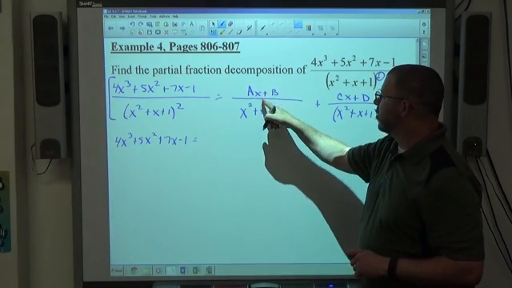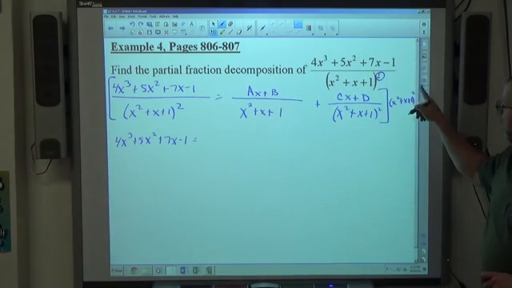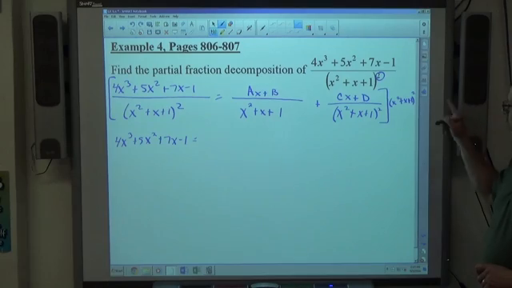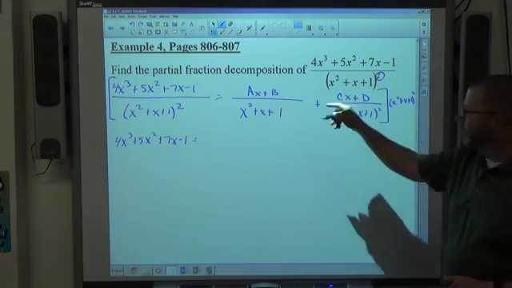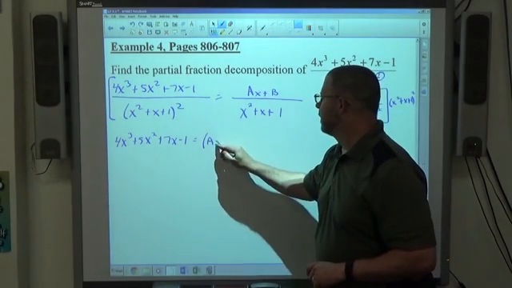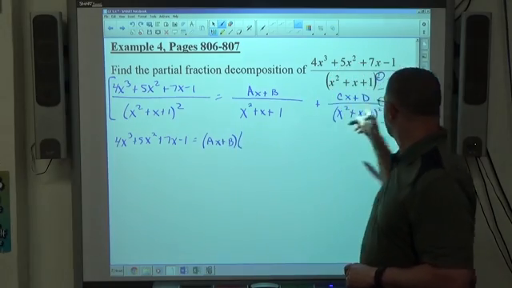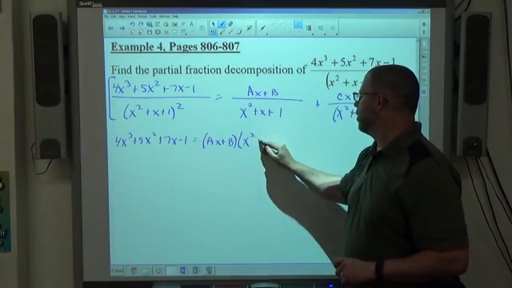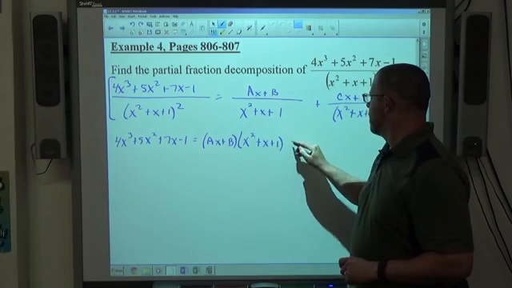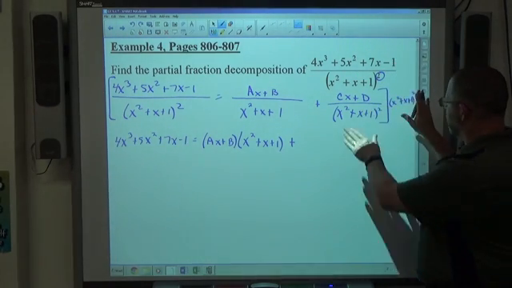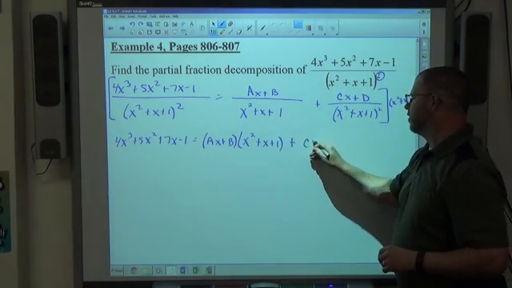When I multiply ax plus b over x squared plus x plus 1 times x squared plus x plus 1 squared, one of those cancels out, leaving me with the top, which is ax plus b, times one of these, which is x squared plus x plus 1. And when I multiply this times this, those cancel completely, leaving me just with cx plus d.